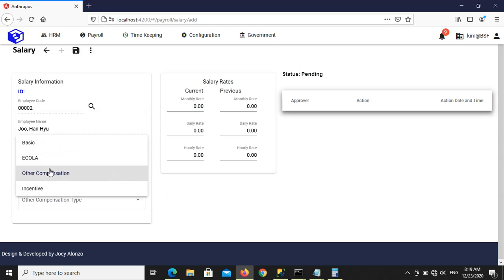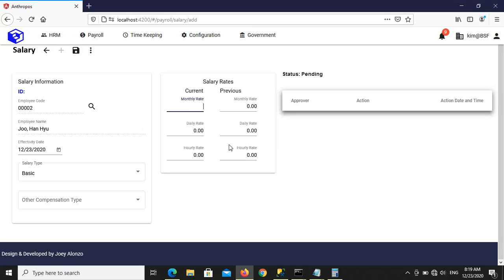So, for example, it is basic. If I enter here the monthly rate for Ju Han Yu, for example, I will enter 50,000. As you can see, automatically the daily rate is calculated.